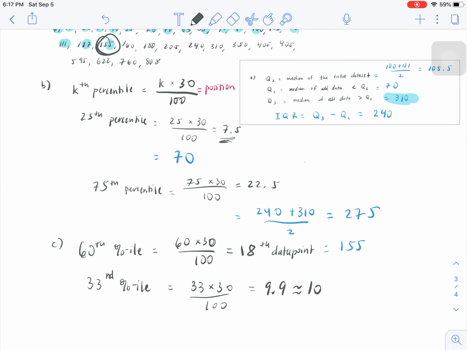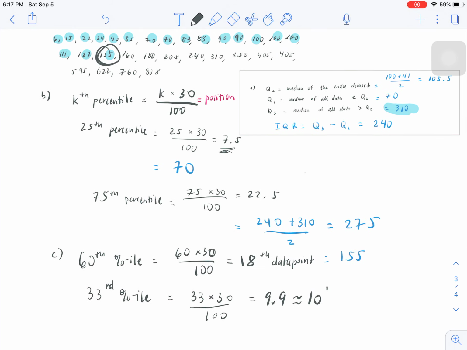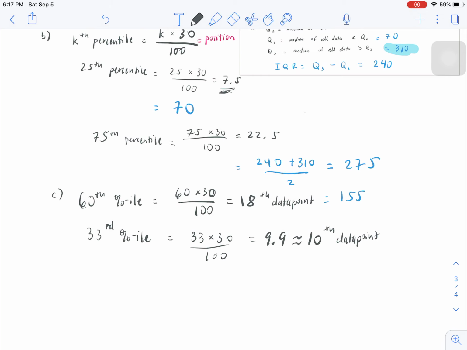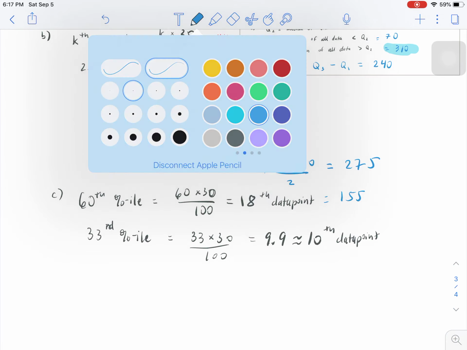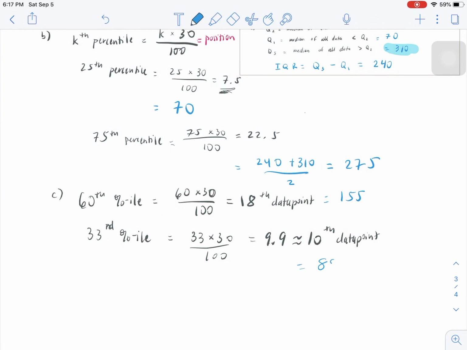And so the 10th data point in my data set, so it's 18th, 17th, 16th, and so on, down to 10. My 10th data point is 88. So my 33rd percentile is 88.